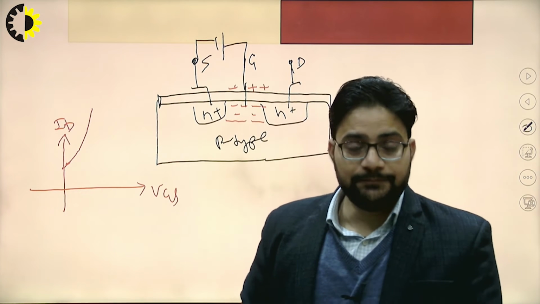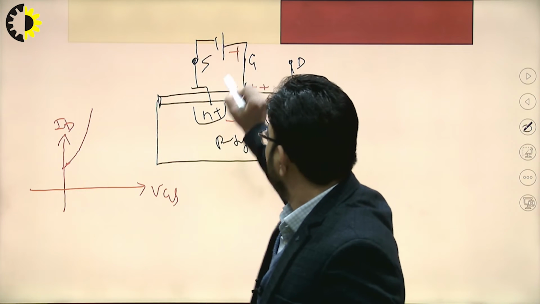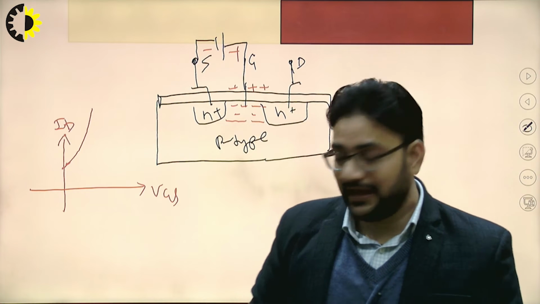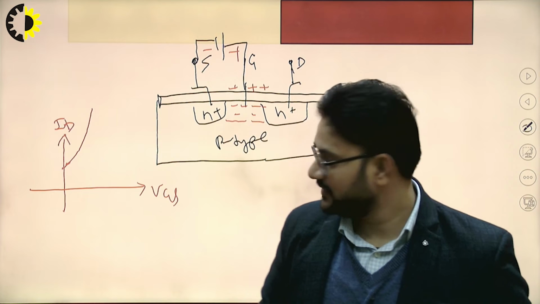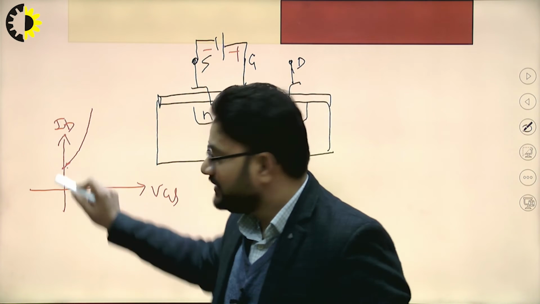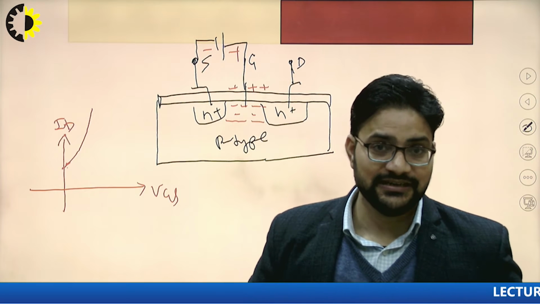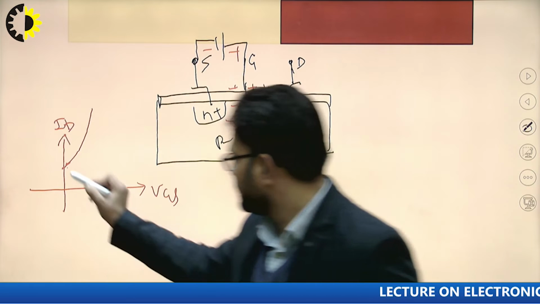We will apply the positive VGS, that is, the gate is connected to the positive terminal of the battery and the source is connected to the negative terminal of the battery. In this case, the minimum value of the drain current is called the drain to source saturation current, that is IDSS, right?